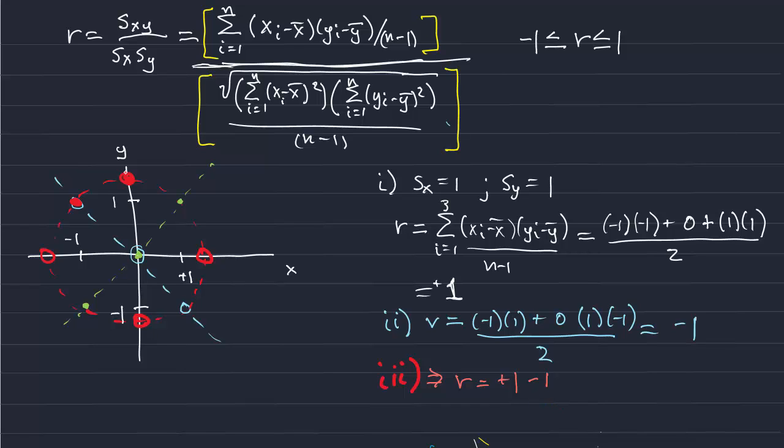And then these red data points on the axes give us a 0, because either x or y is 0. That gives us a correlation coefficient of 0. So here's an example in which x and y are clearly related to each other, but not in a linear sense, so we get a 0 correlation coefficient.